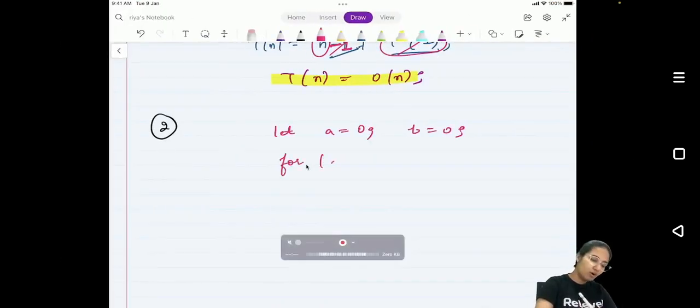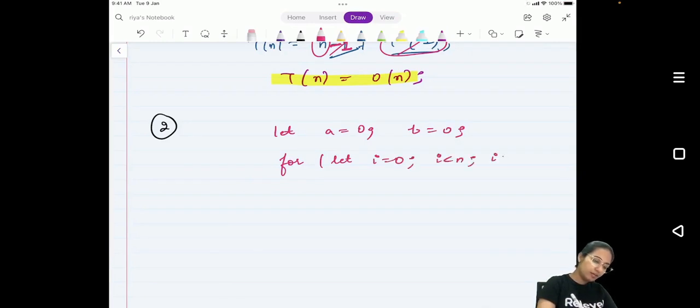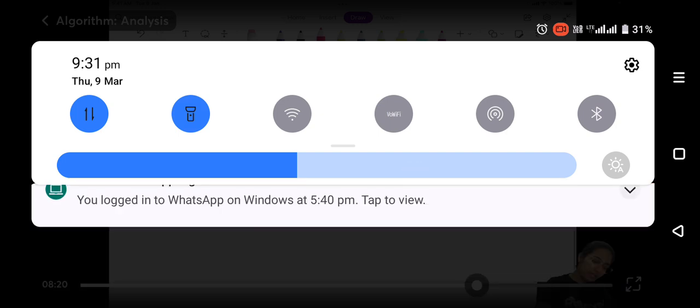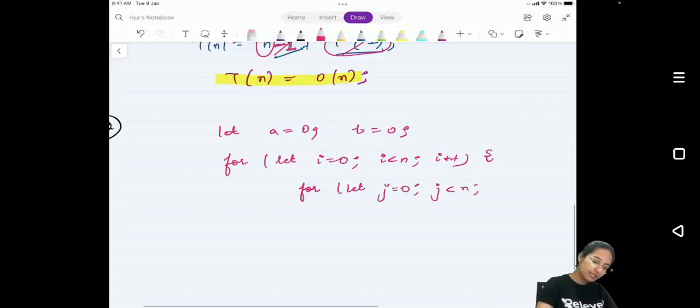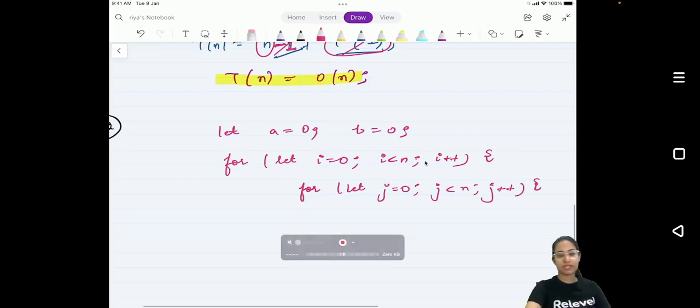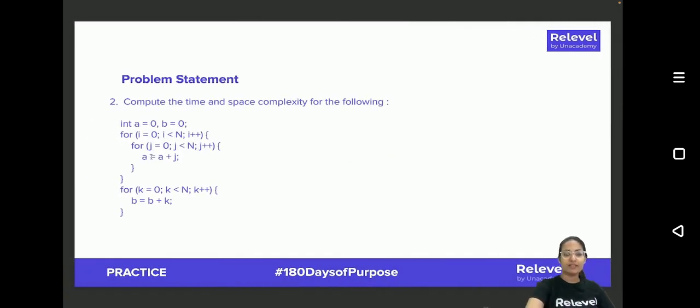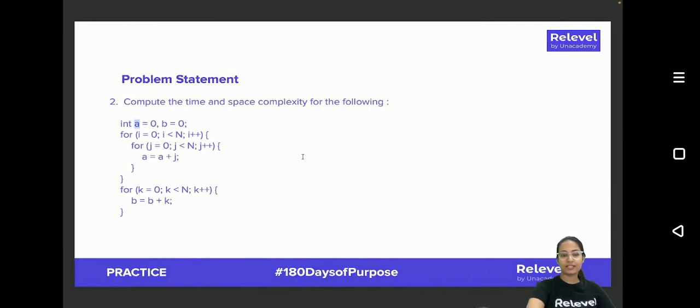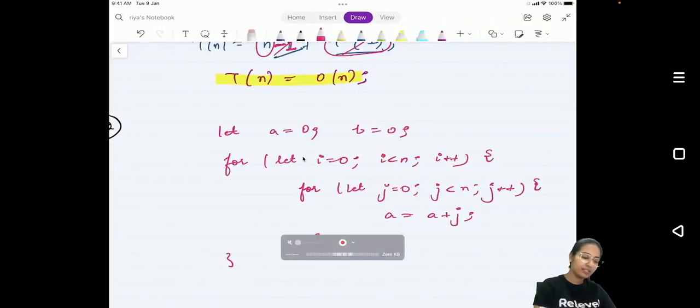So for i equal to 0, i less than n, i plus plus, and similar to that inside it we have for let j equal to 0, j less than n, j plus plus. And what we are doing inside this is simply adding the value of j to the variable a. So this is nothing but a is equal to a plus j, right? And that is it. There is nothing else that we are doing inside this loop.